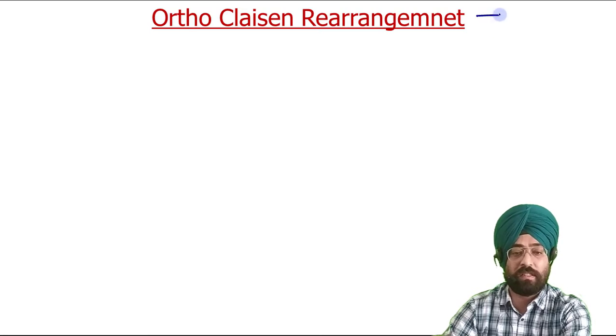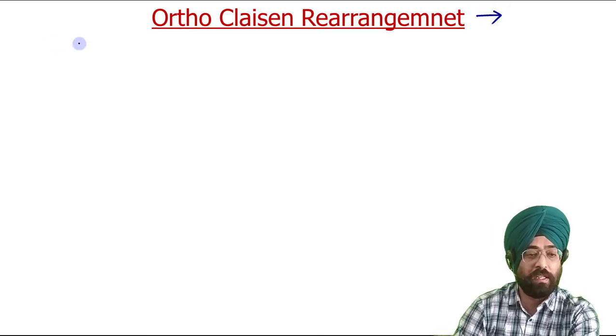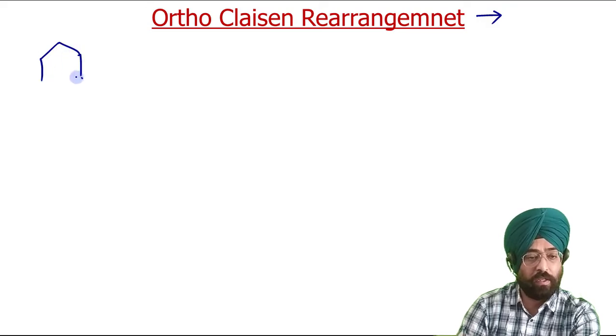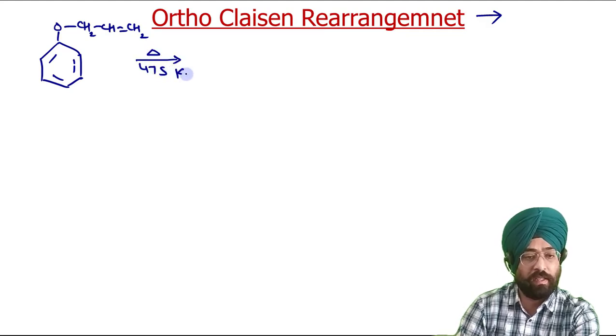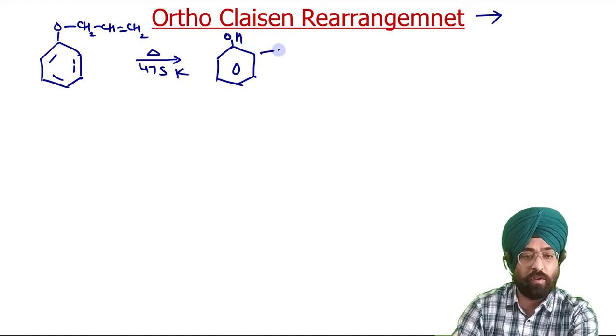Now first let us start with ortho Claisen rearrangement. As mentioned earlier, once again I will write the reaction whose mechanism we have to propose. We can say this OCH2 CH double bond CH2, if it is heated up to 475 Kelvin, then it will form this ortho substituted phenol, CH2 CH double bond CH2.